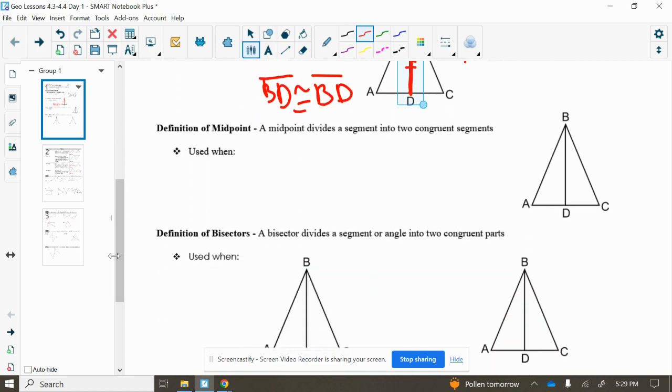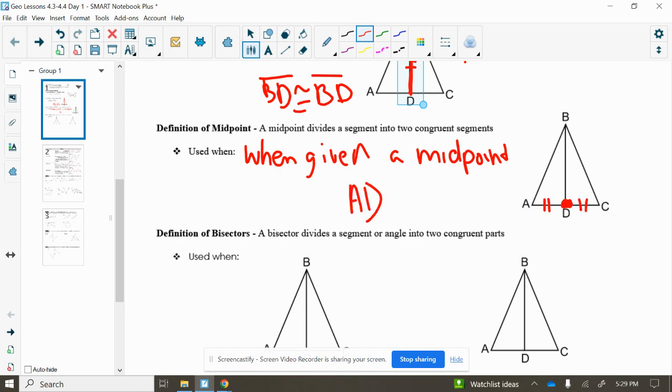We also have talked a lot about midpoints or bisectors this year. When we are given a midpoint, in this case, if I said that D is the midpoint of our segment AC, we'd be allowed to say that AD is congruent to DC by that definition of a midpoint.